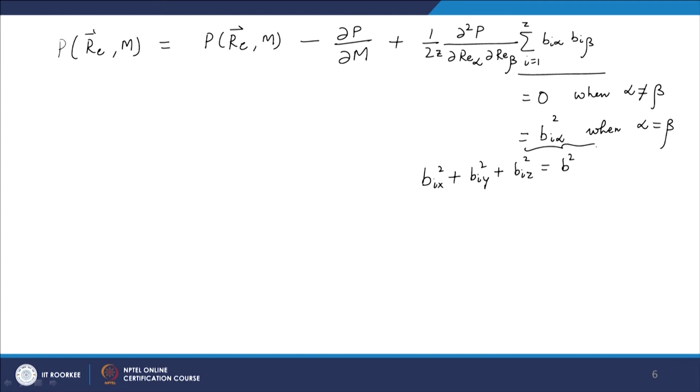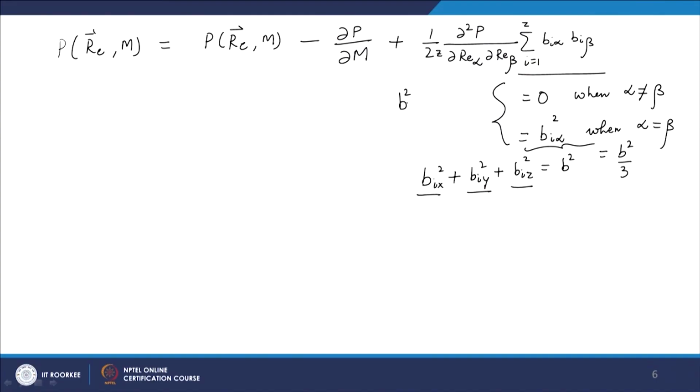So, this particular quantity must also be equal to b square by 3, because the 3 dimensional directions are pretty much equal. So, the b squares in each of the 3 directions must be equal, and then since they all sum to b square, each of them must be b square by 3.